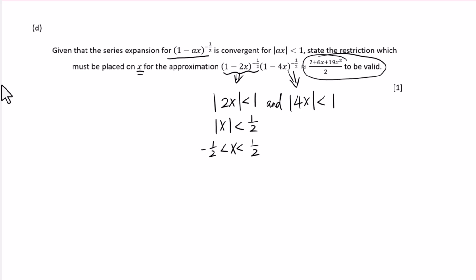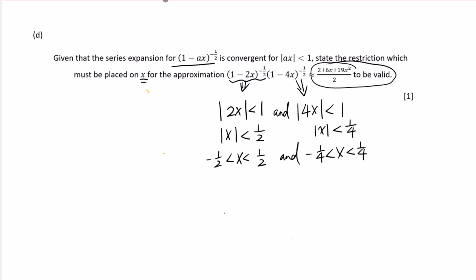For this, absolute value of x less than 1 over 4. So we got x greater than negative 1 over 4 and less than 1 over 4. The intersection between these. Let's draw the number line. From negative 1 over 4 to 1 over 4.